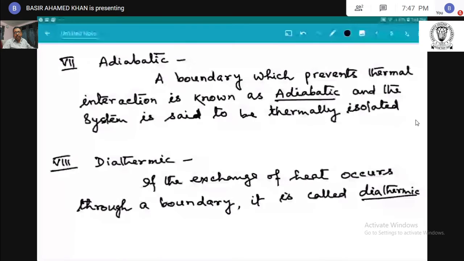Obviously, a system with diathermic boundary will be in thermal contact with its surrounding, and this is very obvious.